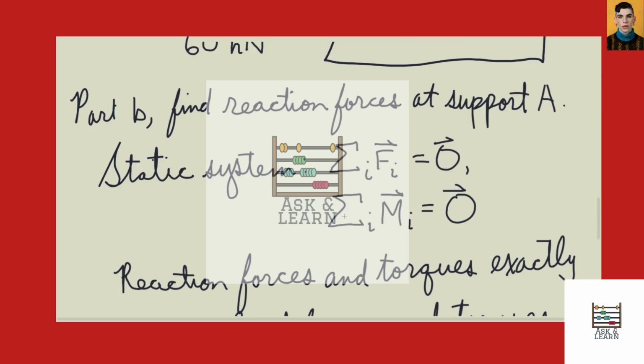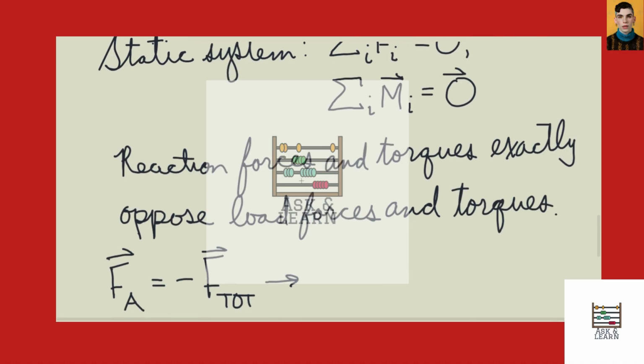The other way that an object can be moving in space is rotating about some point. So since that's not the case here, all of the torques, the load torques, as well as the support torques, must sum to 0. So summing up that explanation, the reaction forces and torques exactly oppose the load forces and torques in a static system.